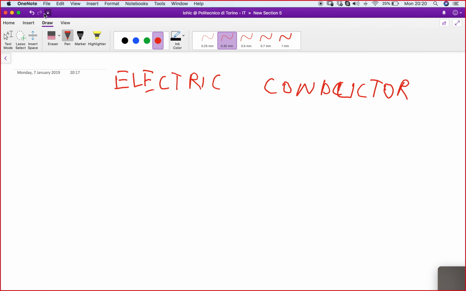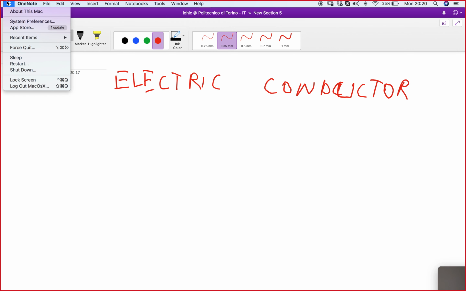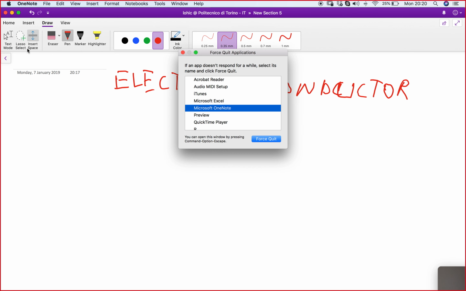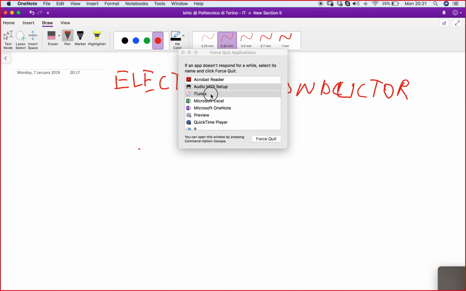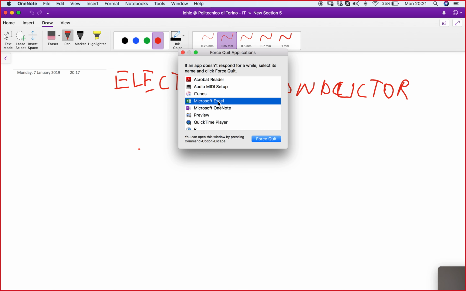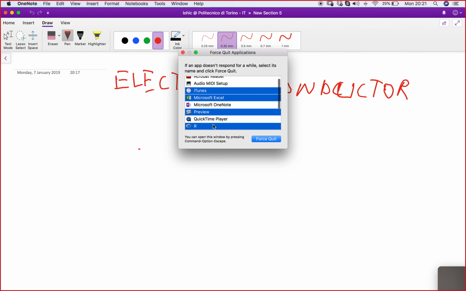Okay. Okay, let me just close some of the programs because the stuff still it's like it's very okay. Now okay, iTunes, I should close it. I should close iTunes. But why? Okay, I should close iTunes. Microsoft Excel, OneNote, no. QView Player, no. R, yes.